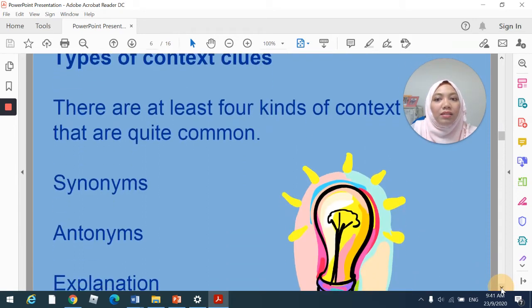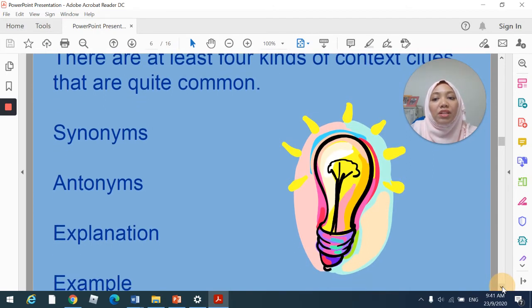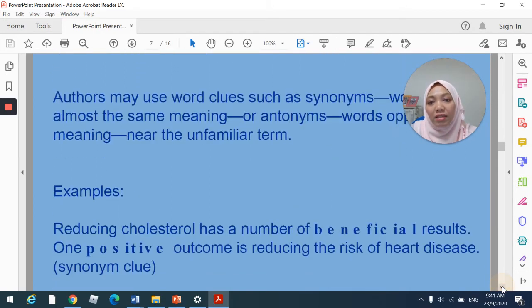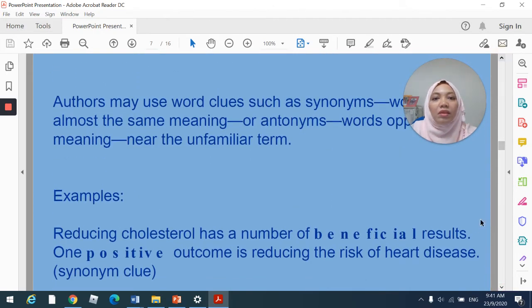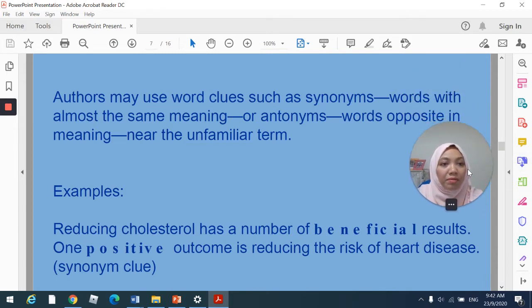There are a few types of context clues. The first ones are synonyms, antonyms, explanation, and example. Synonyms are words with the same meaning. In the same sentence, normally, you will be given a synonym to the word that you are looking for.